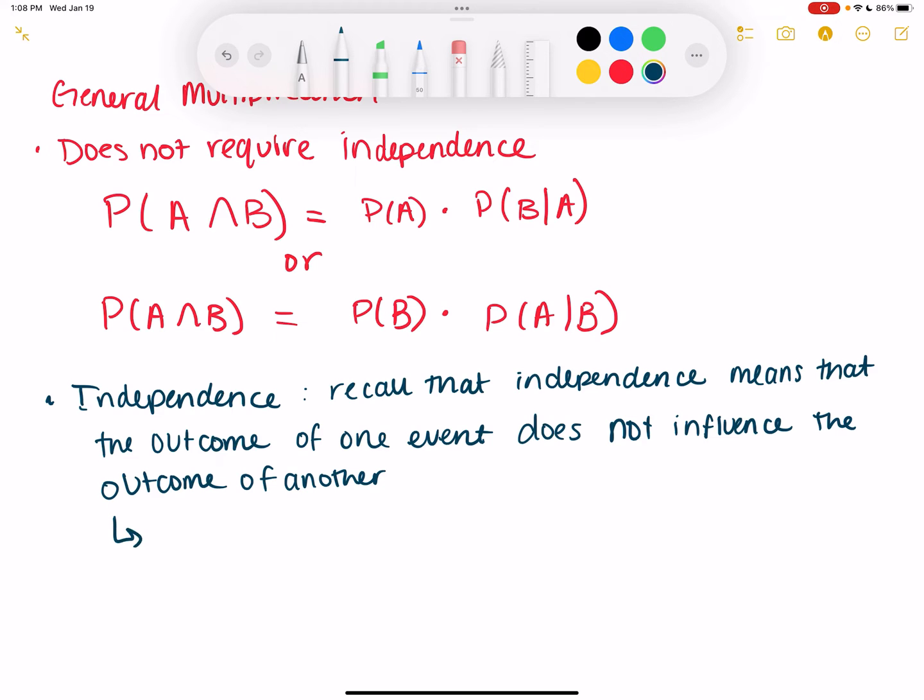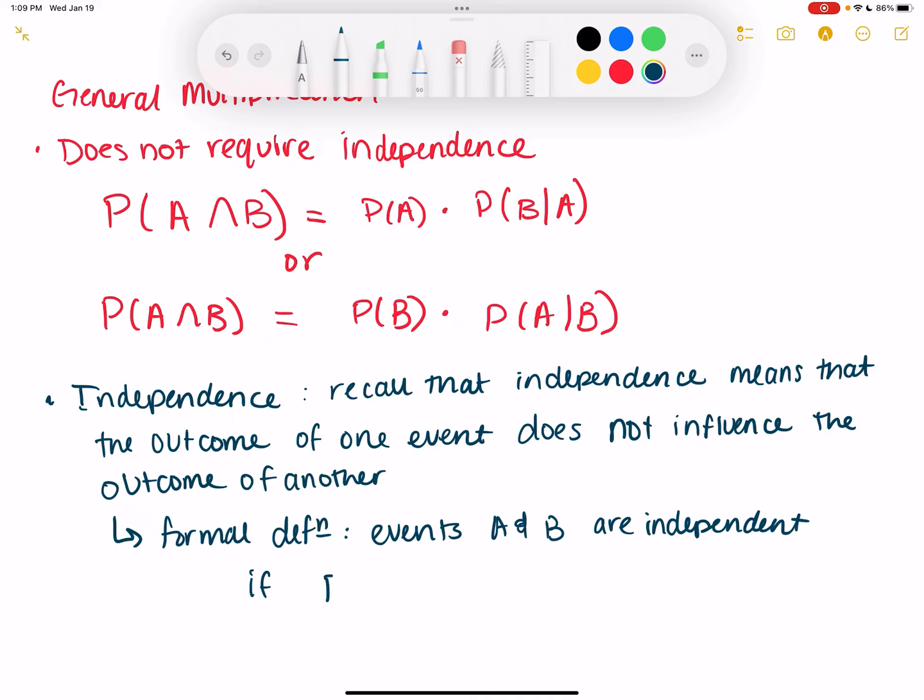So then, a more formal definition of this. Events A and B are independent. That's not the formal definition. We would write it like if the probability of A is equal to the probability of A given B, that would show independence.